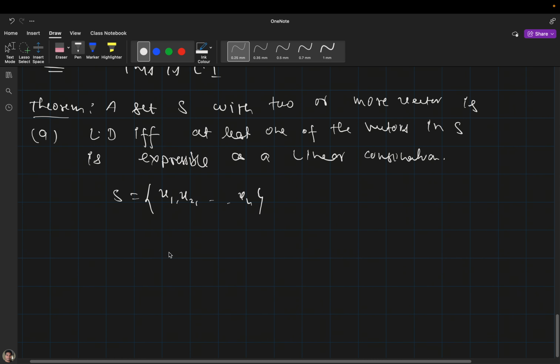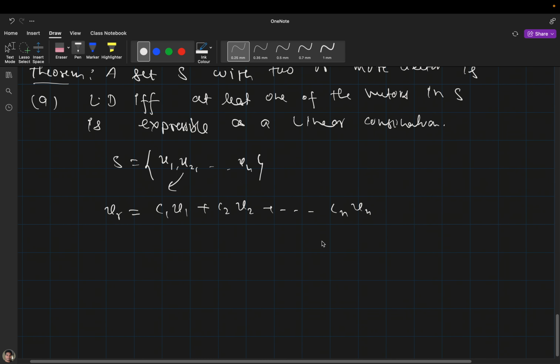So suppose you can write the rth vector as a linear combination of the other vectors, c1 v1, c2 v2, dot dot dot cn vn, and in between, vr is not here.